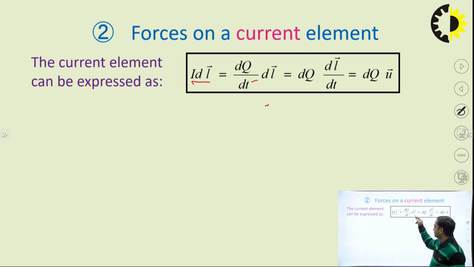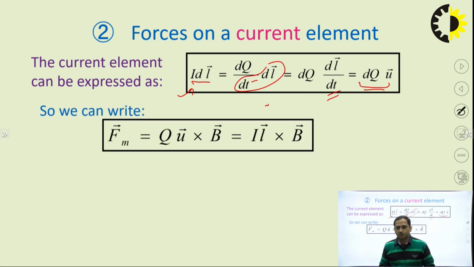Rearranging, dl upon dt is nothing but u. So we have dq into u. The current element I dl can thus be defined in the magnetic field as dq into u.